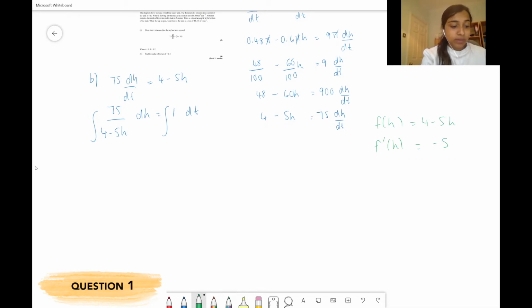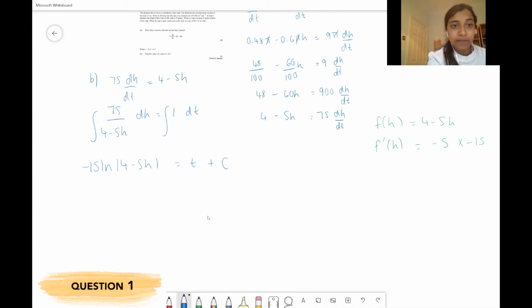To get our 75, we need to multiply this by minus 15. So our integral is equal to minus 15 ln of 4 minus 5h, which is equal to t plus c. Now we can plug in t equals 0 and h equals 0.2 to find the constant.